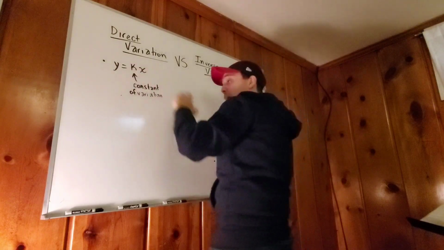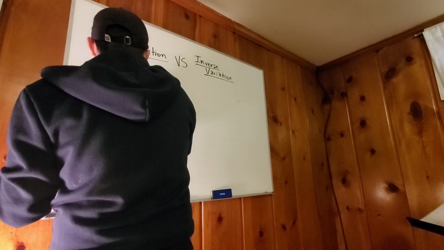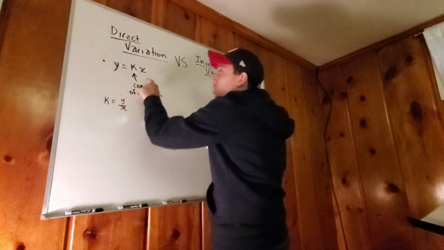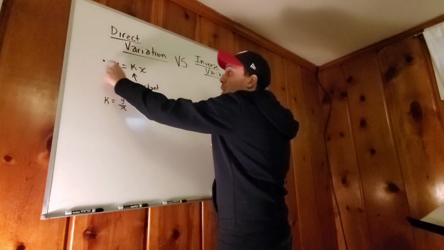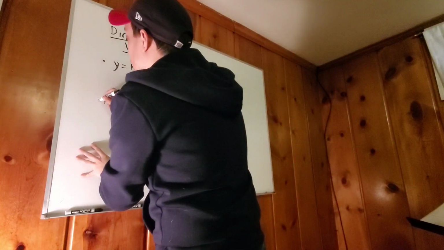So to find k, you're going to divide y by x. I divided by x over here and it ended up here. So k equals y over x. That's another important thing about direct variation.